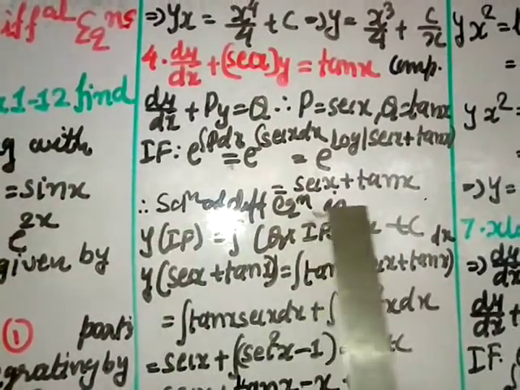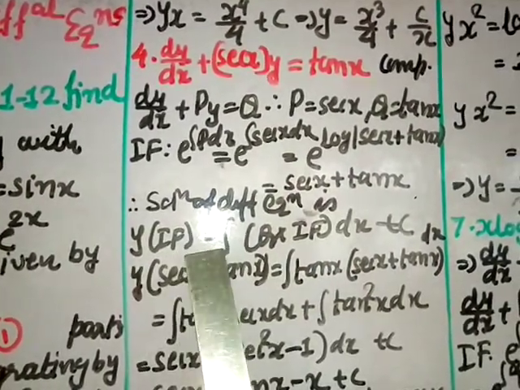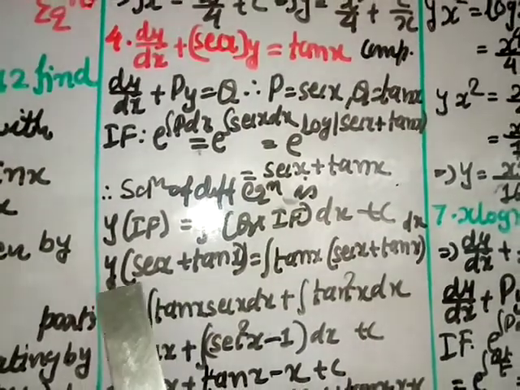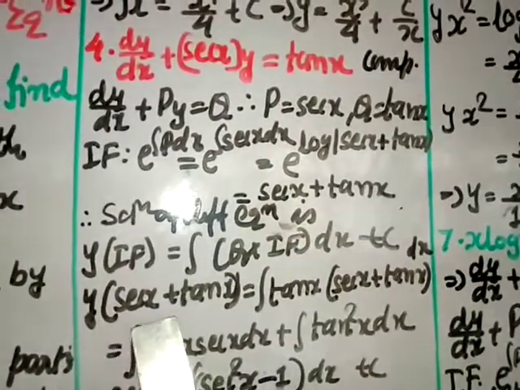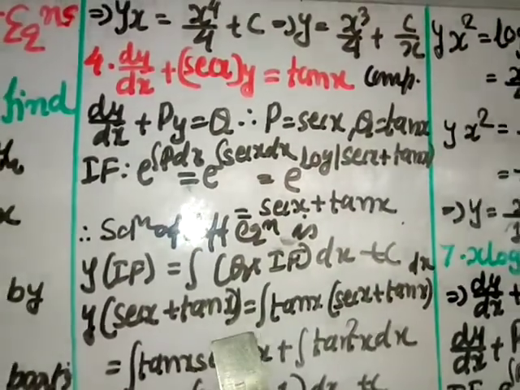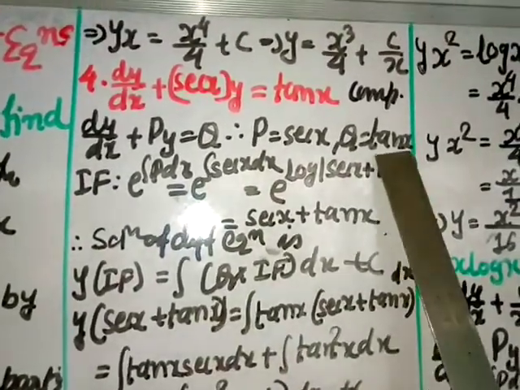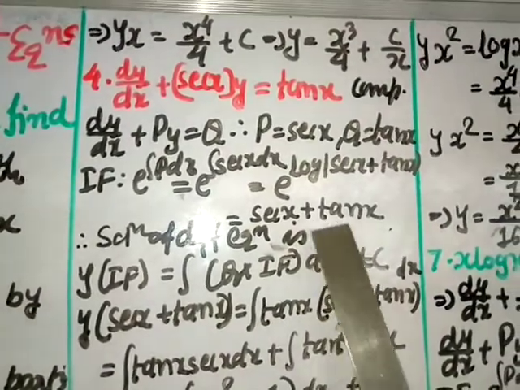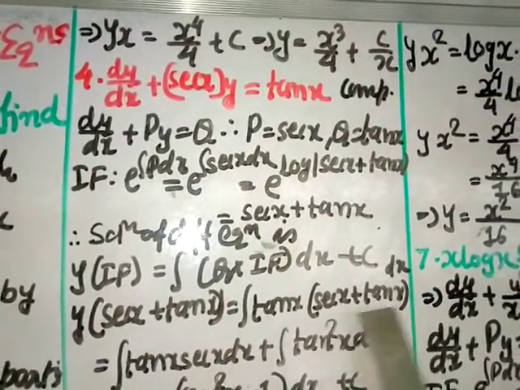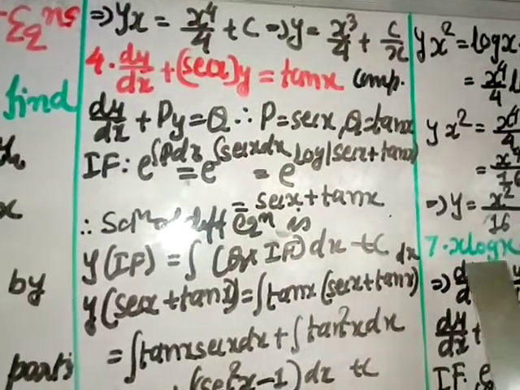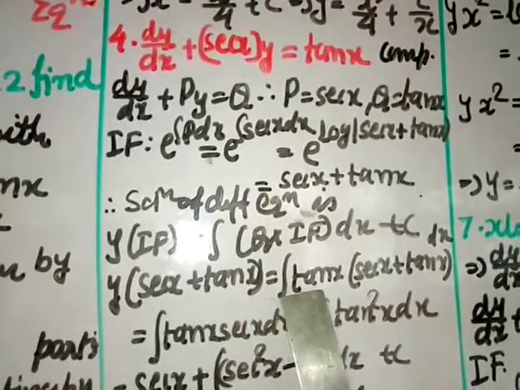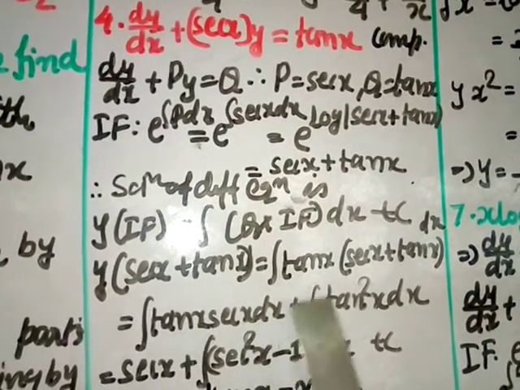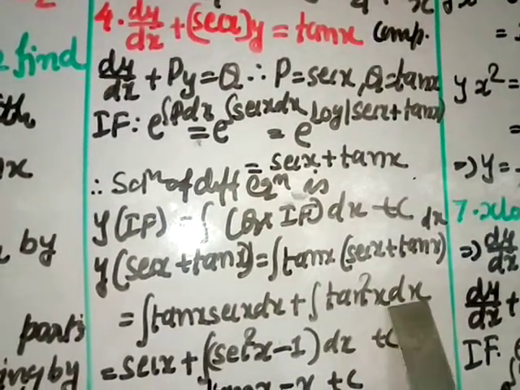The solution is given by y times the integrating factor equals the integral of Q times the integrating factor dx, plus c. So y(sec x + tan x) equals the integral of tan x (sec x + tan x) dx plus c. Multiplying, that is the integral of tan x sec x dx plus tan² x dx.